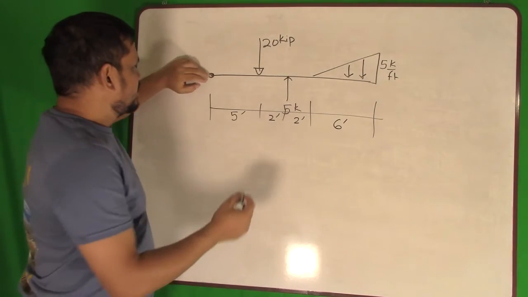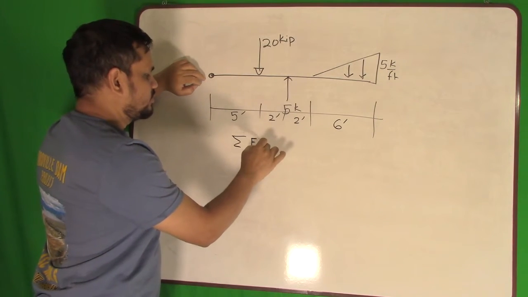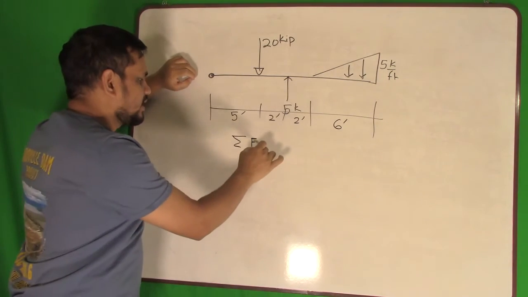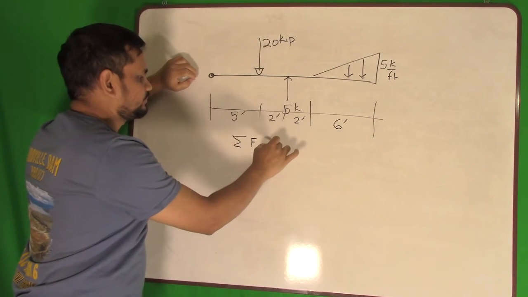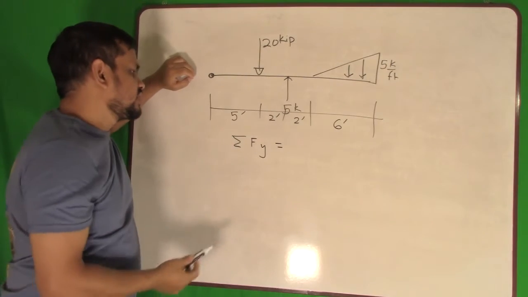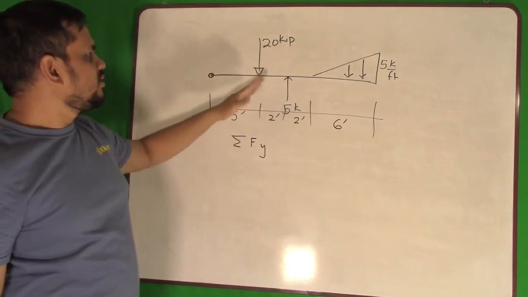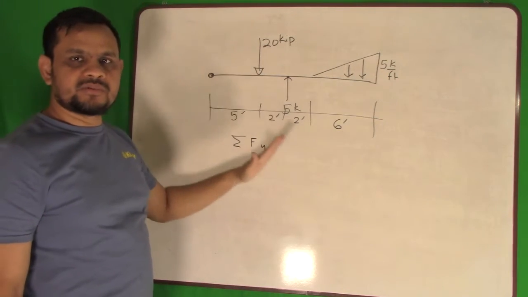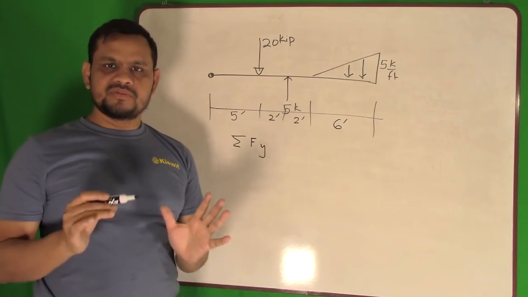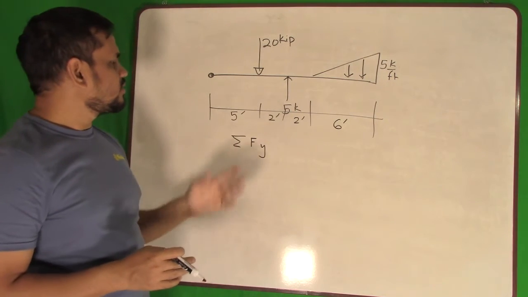How to find it? Again, we should sum up the forces along the y direction. Why y direction? All of my forces are along the y direction. Some forces are downward, some forces upward, so I should decide a sign convention.